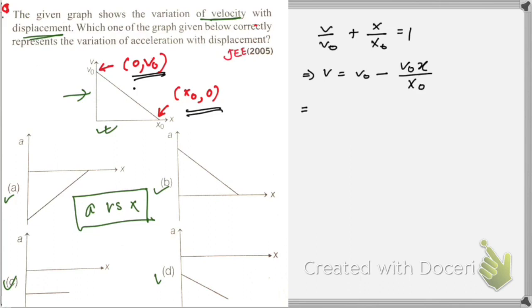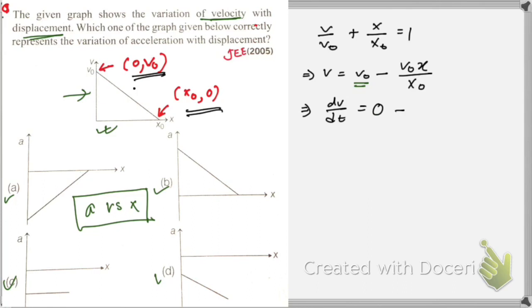Now if you differentiate with respect to x, dv by dx... let me differentiate with respect to t. If you differentiate it, we consider that the initial velocity is constant, so its derivative will be 0.